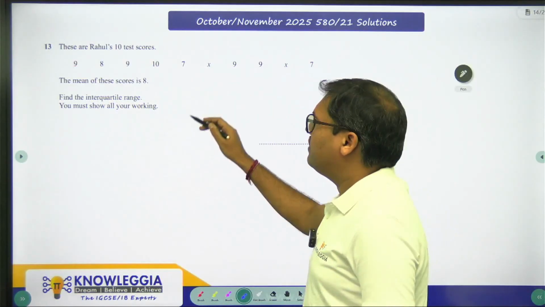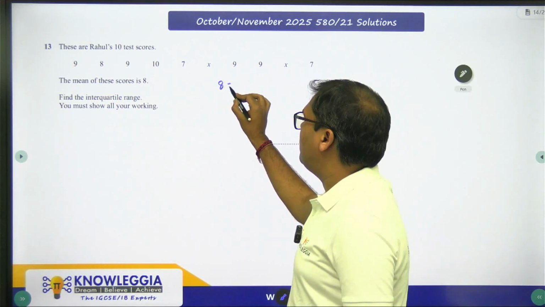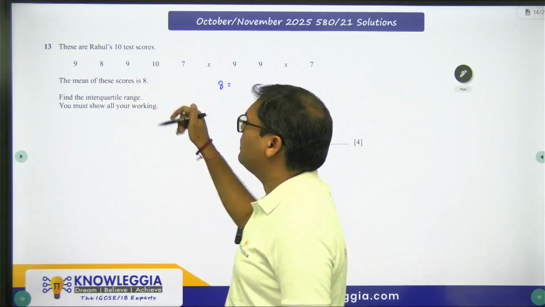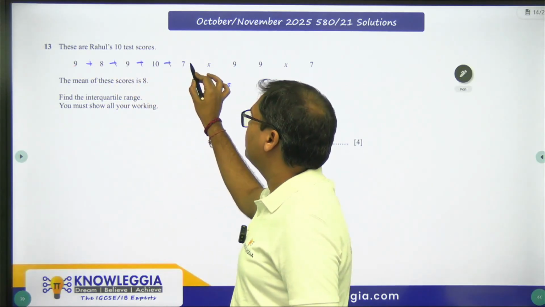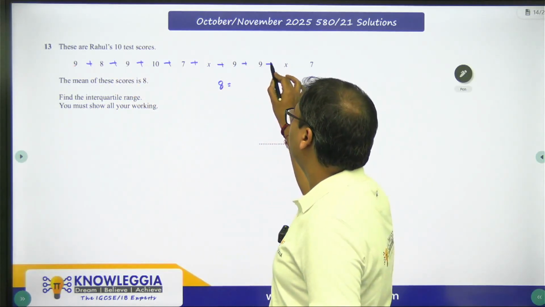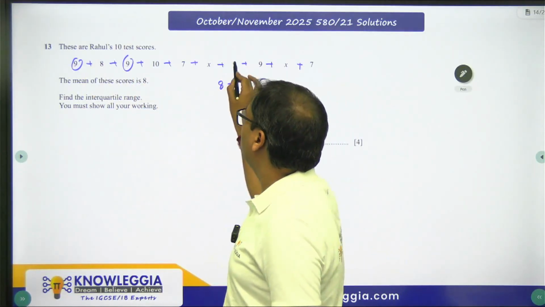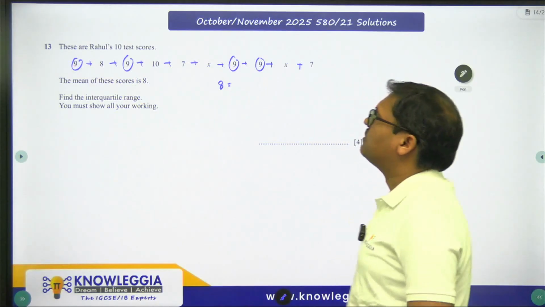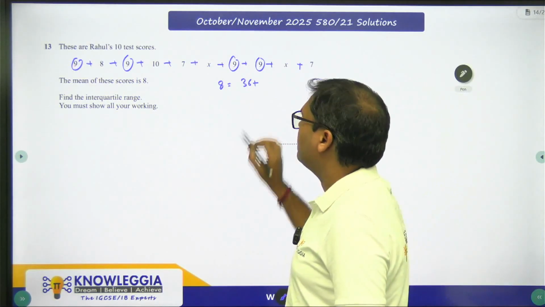So what is x? The mean is given to you. So what is the mean? This is 8 is equal to the sum of all the numbers. If I add these numbers, I'll just write this. This is 1, 2, 3, 4, so this is 4 into 9, 36, right?